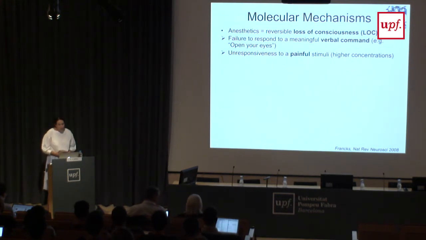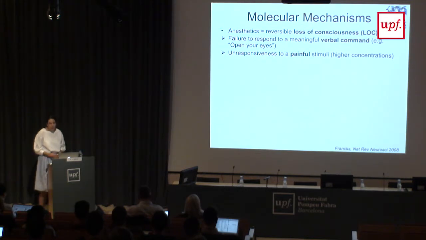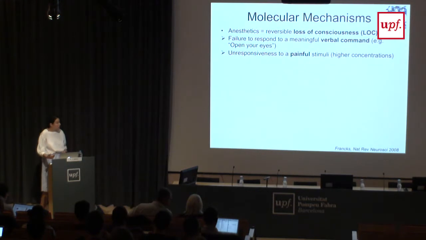So when we talk about consciousness loss in general practice of anesthesia, the people become unresponsive to stimulation you present to them. So you ask them, please open your eyes, and the people don't open their eyes in clinical practice.